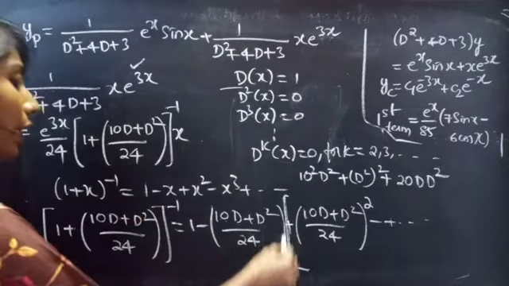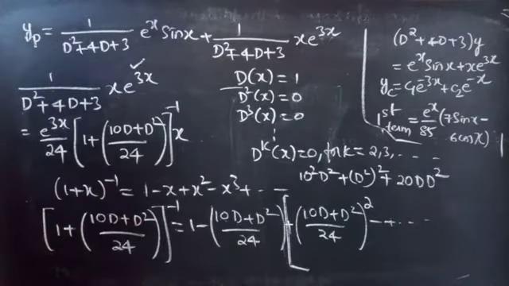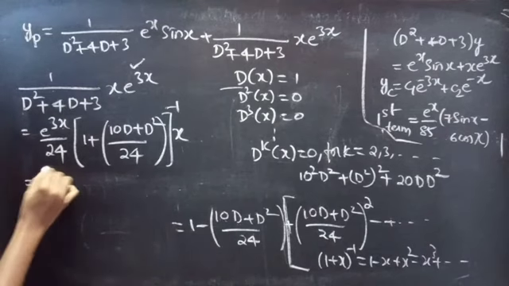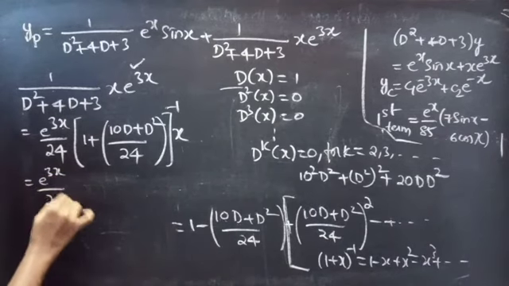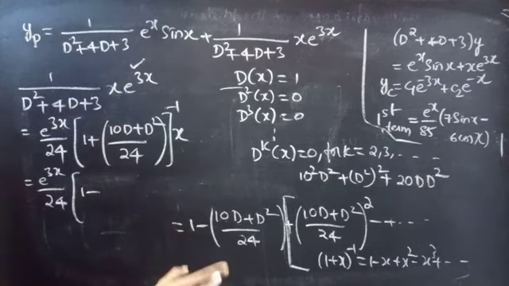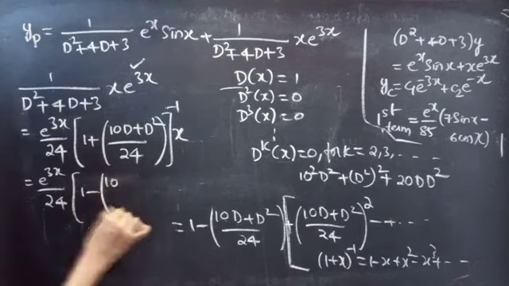So we'll neglect higher derivatives from here and take only the first two terms, right? Now coming to this, it becomes e power 3x by 24 into the expansion, where we take only the first two terms. We know the reason behind this.